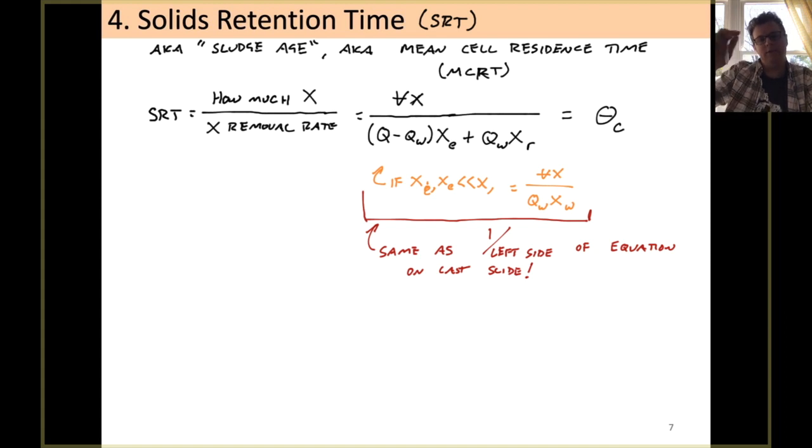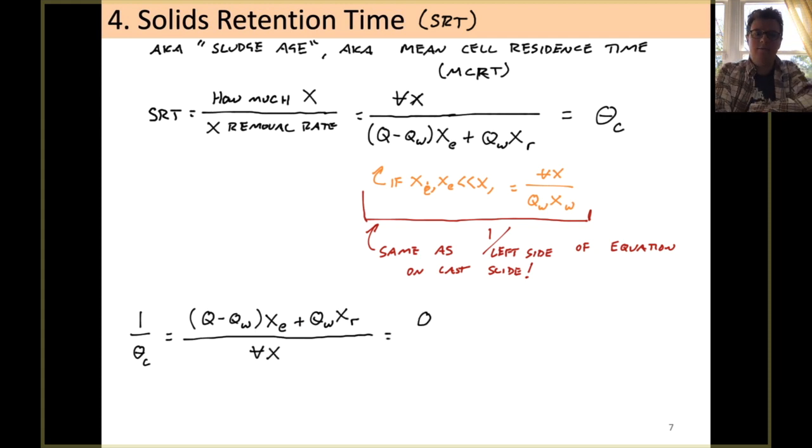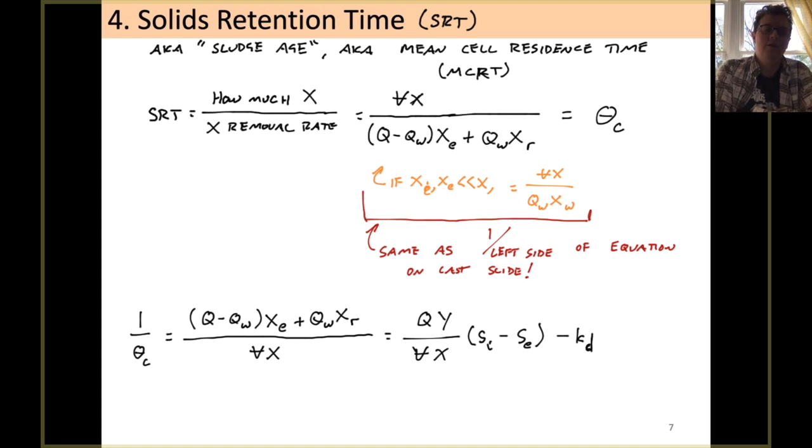So it's flipped over. So we can take this definition of solids retention time, and we can relate that to the equation we had written on the previous slide. So this equation, again, is very helpful to us in design because it links together several of the variables that we care about.